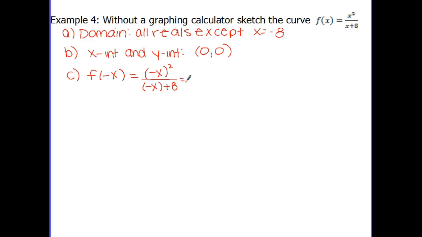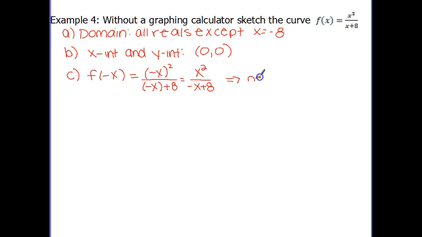A negative squared is positive. So I can't bring out a negative and have anything with the original. Because even if I brought this negative out and brought it up front, this would be minus 8. So that's not the original.